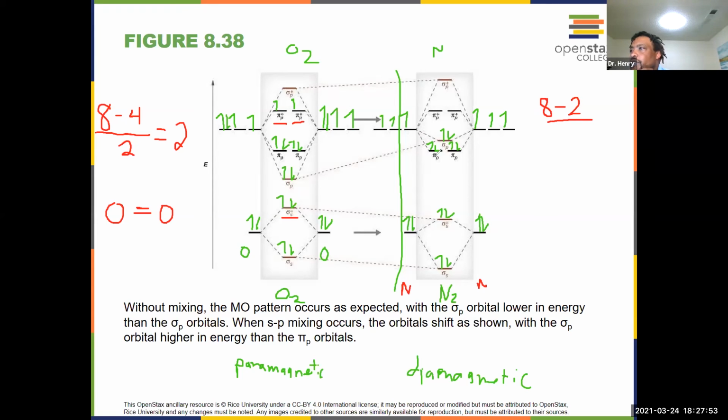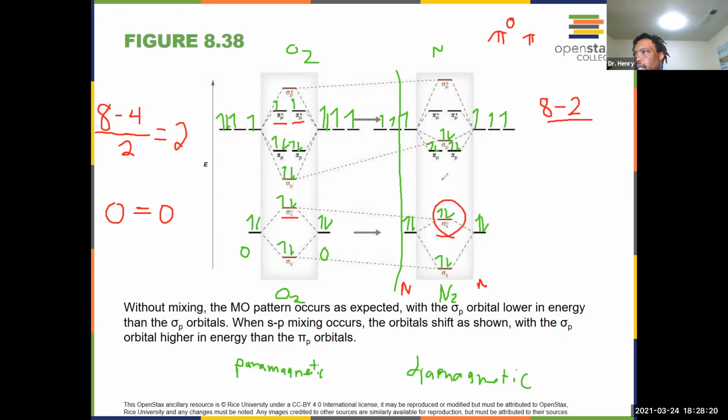So we have, these are pi's. These are just regular pi. And then it's sigma. And then up here, these are pi anti-bonding, sigma anti-bonding. Do you see that? Okay. So we only have 2 anti-bonding.